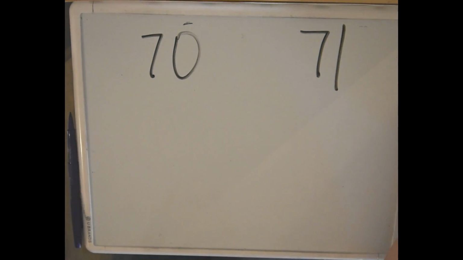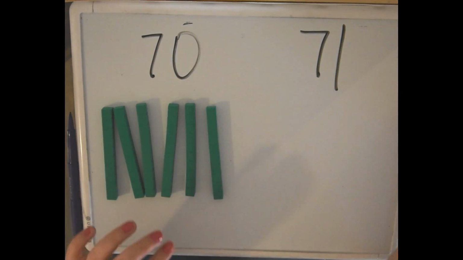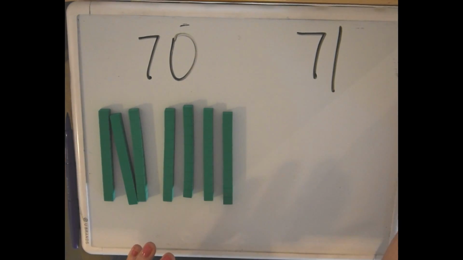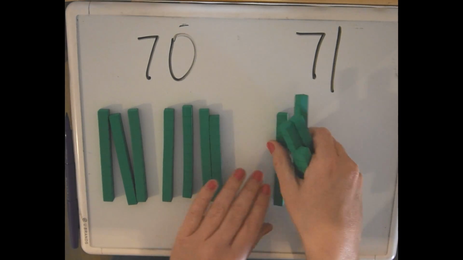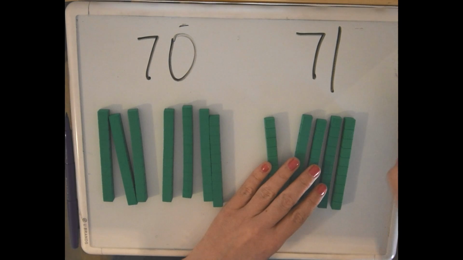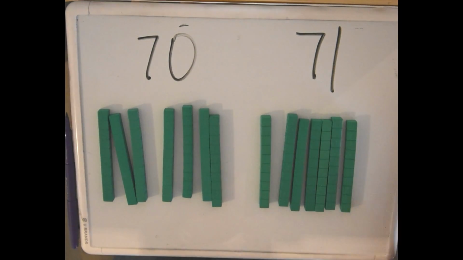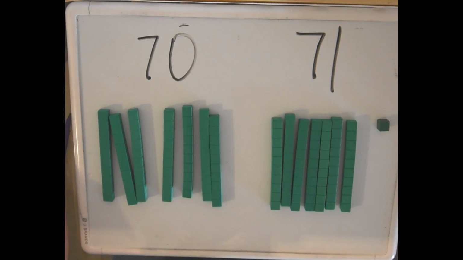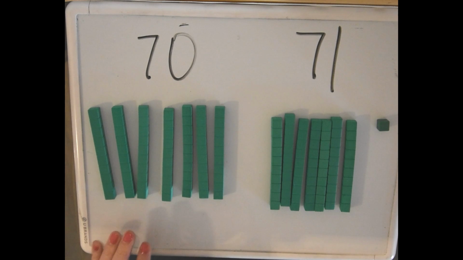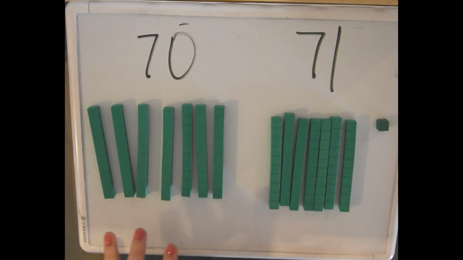Okay, 70 has 7 tens. 71 also has 7 tens. So if we look at it, right, 70 has 7 tens. 71 also has 7 tens. So they have the same amount of tens.